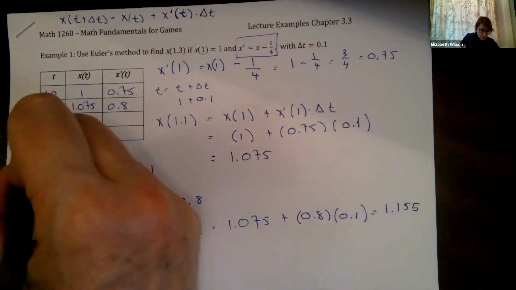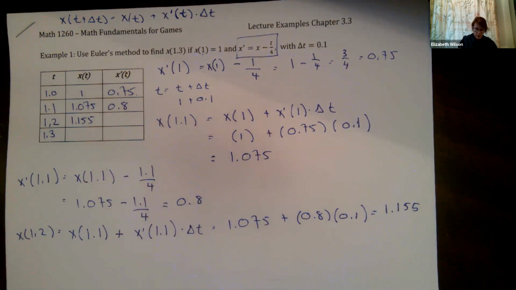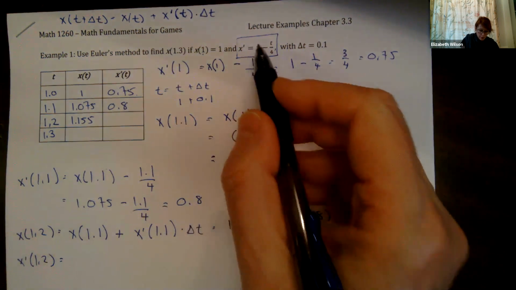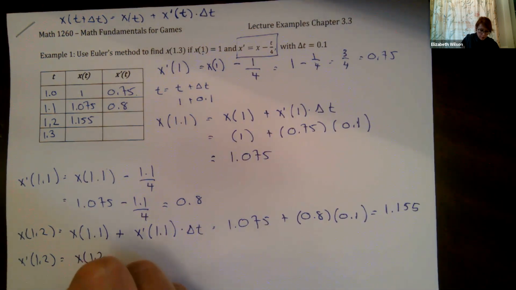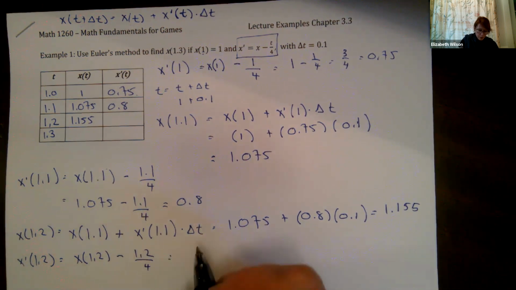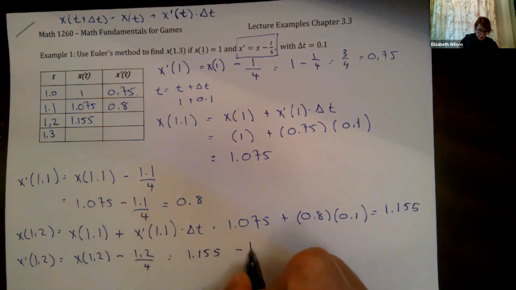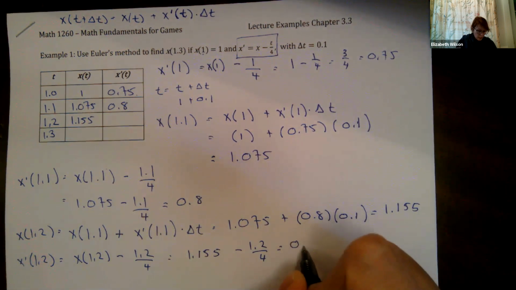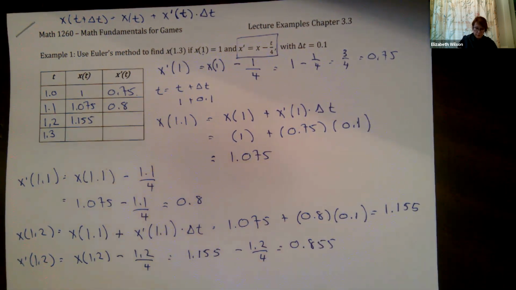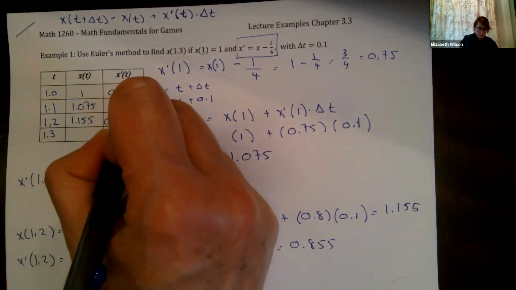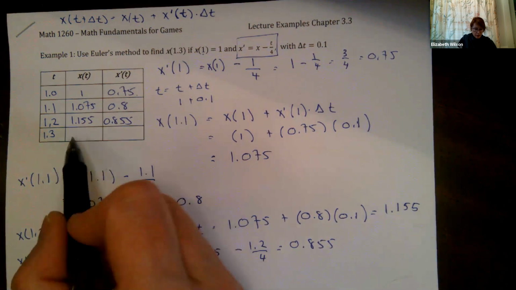You have to keep going until we get to x of 1.3. So let's calculate our derivative at 1.2. So our derivative says x of 1.2 minus our time, divided by 4. X of 1.2, 1.155 minus 1.2, divided by 4. So this is going to give me 0.855. I take that value and I plug it in here, 0.855. Okay, this is where I'm going to stop.